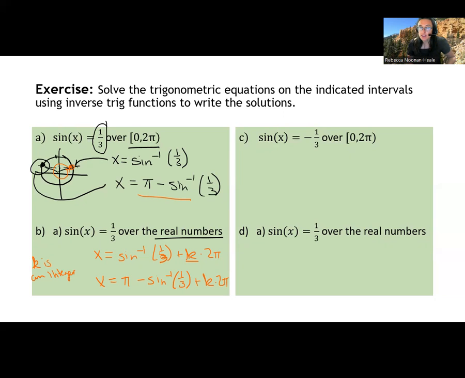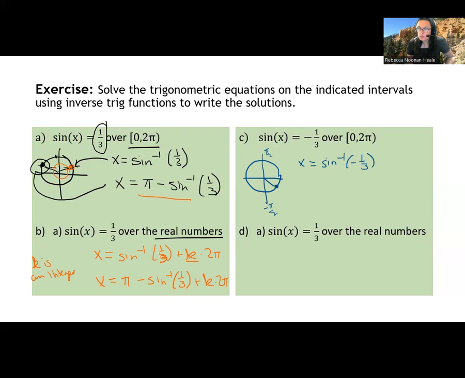So we have sine of x equals -1/3. The only thing that's changed is that our positive has gone to negative, but we can still draw a similar picture. Okay, we have an angle down here. Recall the range of sine inverse is from -pi/2 to pi/2. And so this angle is going to be sine inverse of -1/3.